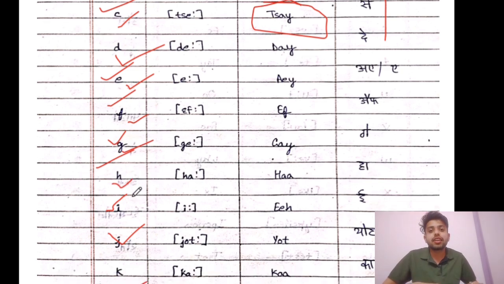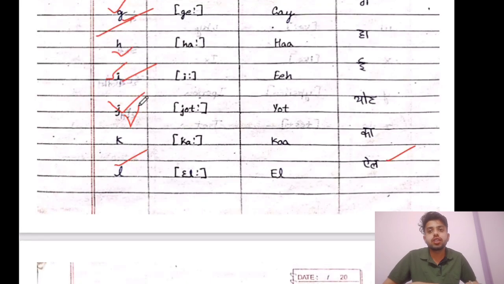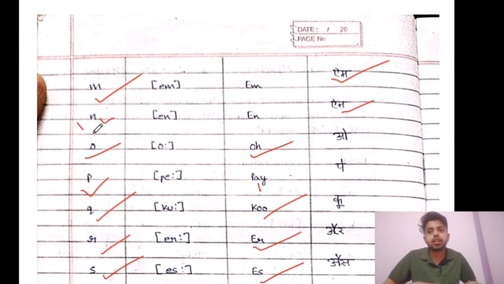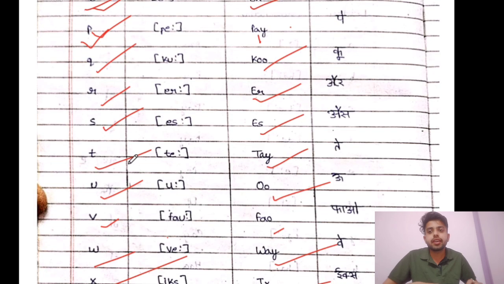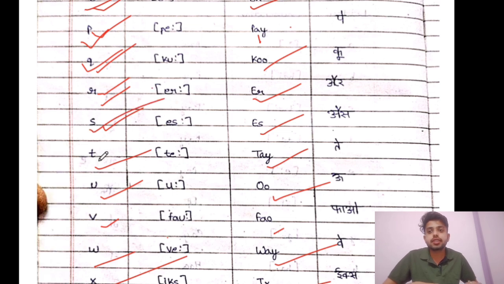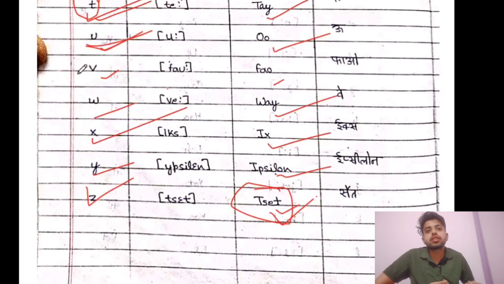G, H, I, J, K, L, M, N, O, P, Q. That's not the English Q. And that's R, and that's S, that's T, that's U. See, there is a T. Its pronunciation is totally different. And that's V, W, X, Y, Z.